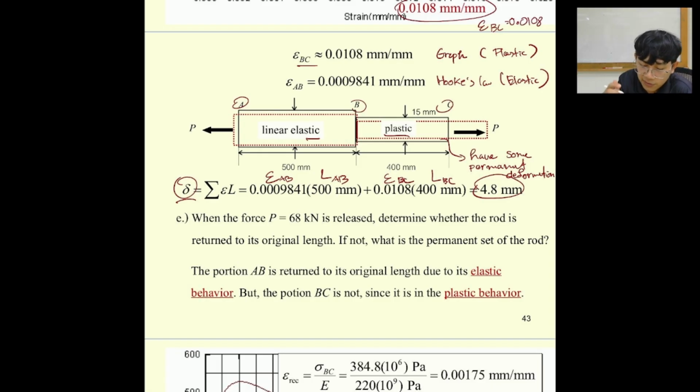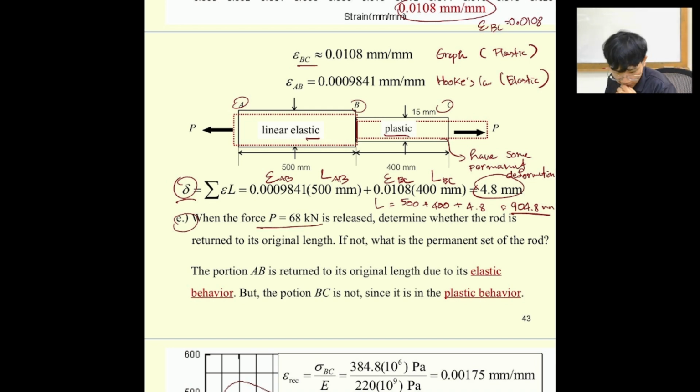So if I'm not releasing the load, I'm going to get the total length L equal to 500 plus 400 plus 4.8, 904.8 millimeters.